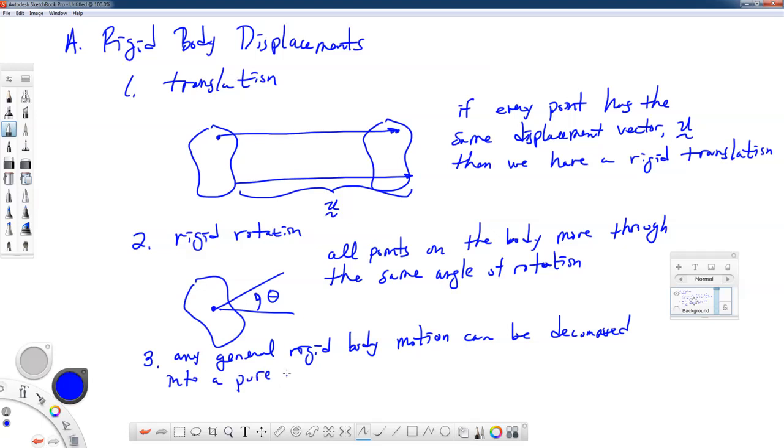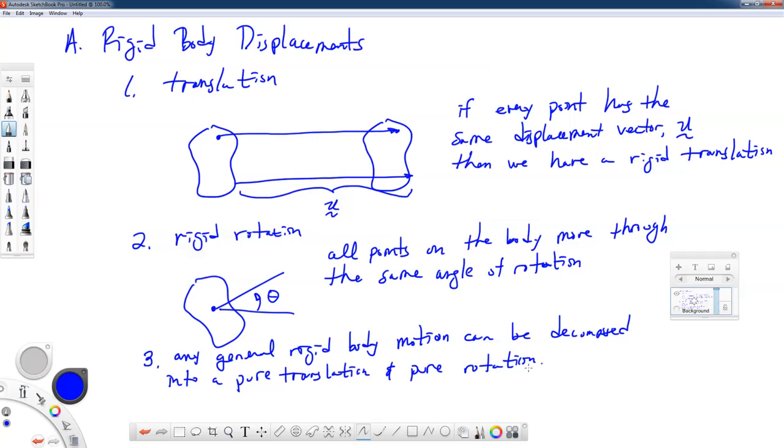So we'll call this a pure translation and a pure rotation. And it could be done in either order. You can do the translation and then the rotation, or the rotation and then the translation. You'll end up at the same location at the end, the same configuration of your body.